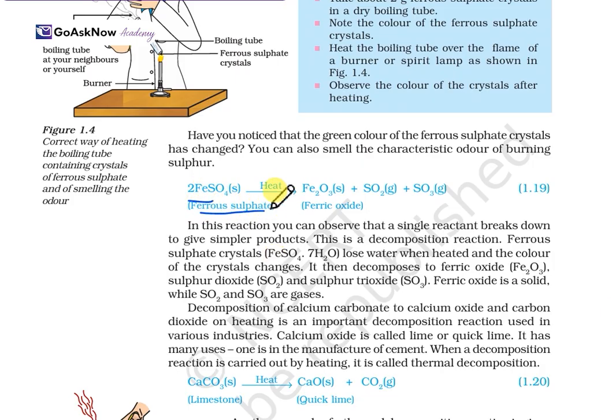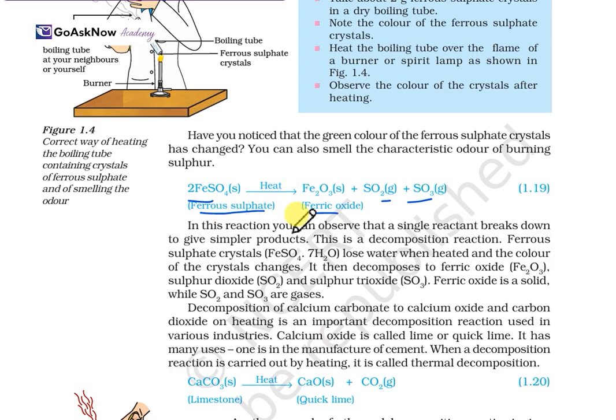And when we are giving heat to it, we are getting Fe2O3, which is in the solid state. We can say this is ferric oxide. SO2 is there and SO3 is there, in the gaseous form.